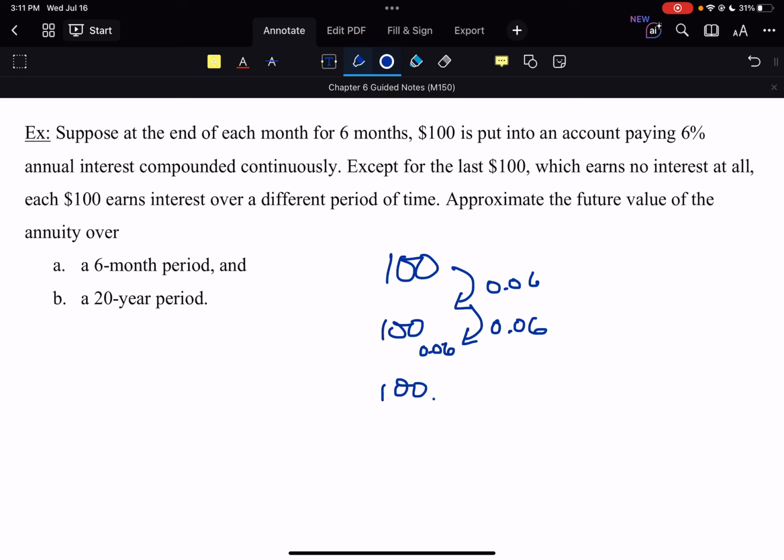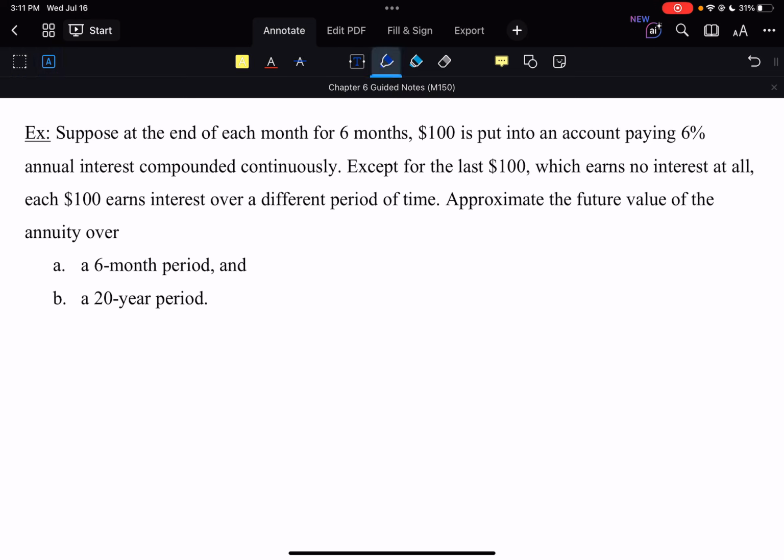And then you go to the next one, it's going to earn 6% interest, but so is this one, and then also so is this one. So each one is going to earn different amounts of interest as we go through the process. So calculating this manually is a nightmare. We want to go ahead and use this future value calculation to do this.